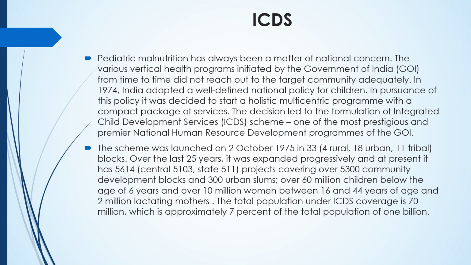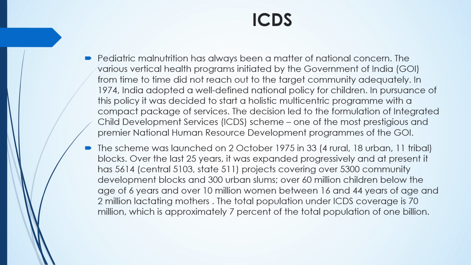The project covers around 5,300 community development blocks and 300 urban slums, over 60 million children below the age of 6 years and over 10 million women between the age of 16 to 44. That 16 to 44 is called what? That is the reproductive age of the woman, where most of the malnutrition is seen, which has an impact on pregnancy in India at that period of time.